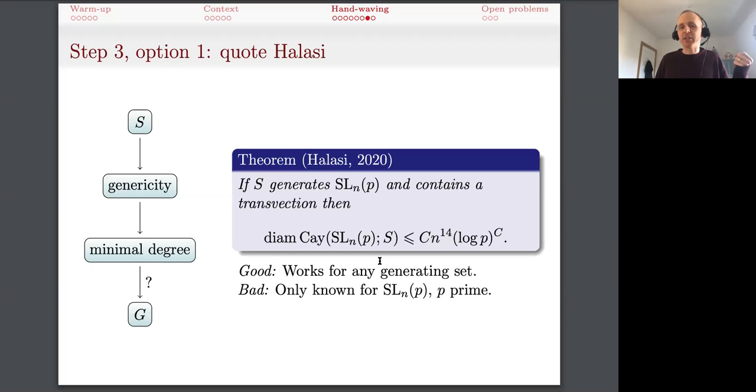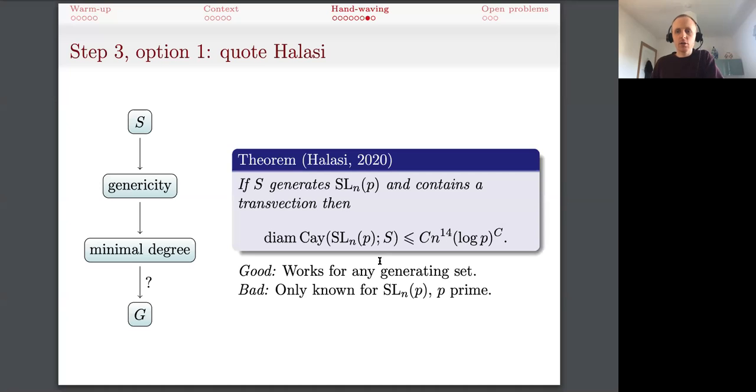But the downside is it only works for SL_N(p). This is not known for other classical types yet. I expect something like this to be proved eventually for the other classical groups and for non-prime fields, but there are a lot of things in the way that make that challenging.